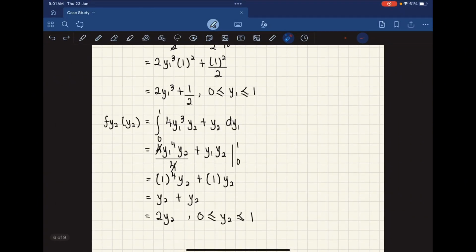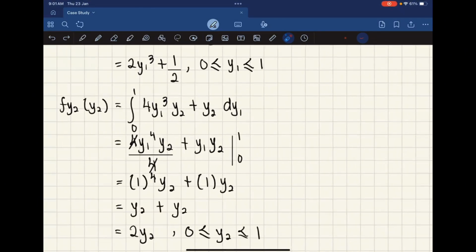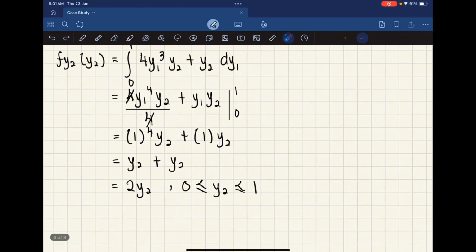For the marginal density function of y2, fy2 y2 equal to integrate 0 to 1 for y1 cube y2 plus y2 dy1. The function is still the same, and then we get 2y2, 0 less than or equal to y2 less than or equal to 1.